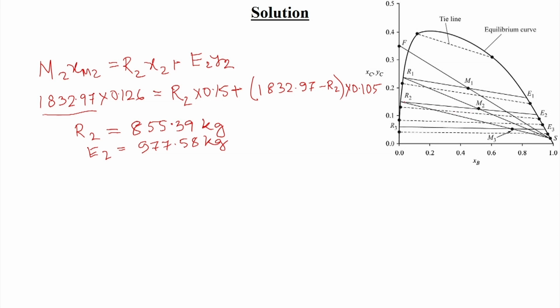Whatever R2 we have now is the feed to stage 3. So, for stage 3 we will be joining S and R2.